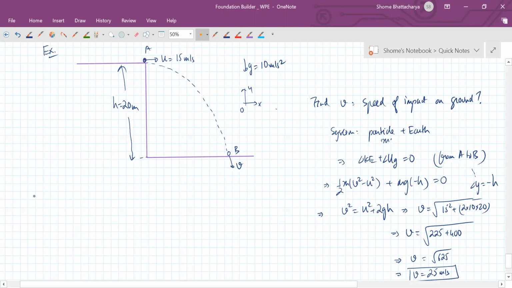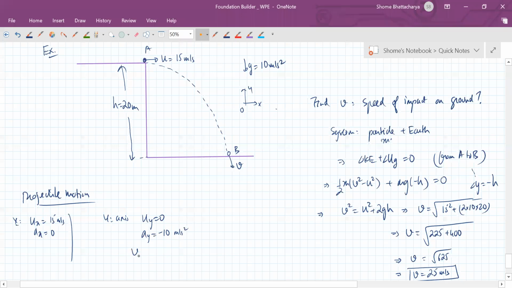Whereas if you had gone with projectile motion, you would have to do all this. You would have to say that along the x-axis, this is 15 meters per second, acceleration is 0. Along the y-axis, the initial velocity is 0, but the acceleration is minus 10. So we would have got Vy square is equal to Uy square plus 2Ay into y component of displacement, and Vx is equal to Ux.